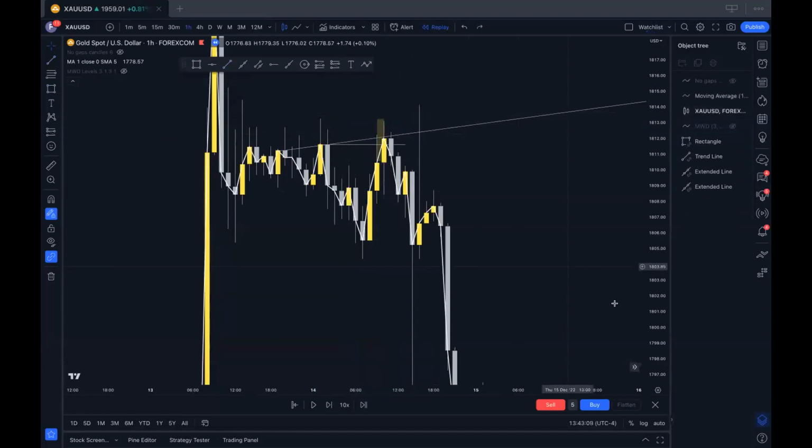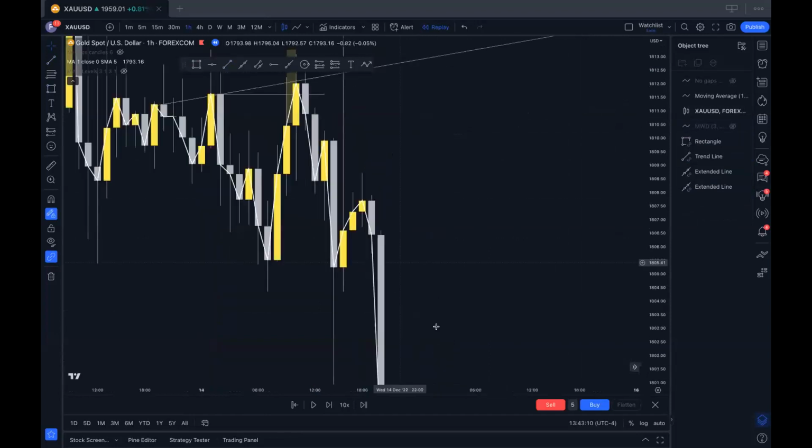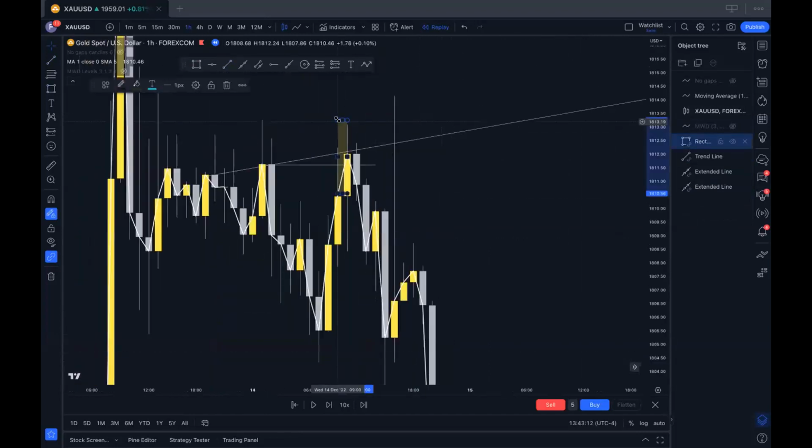Or what I see is sometimes I'm not too confident about the quick entry. What I'll see is, all right, the reaction is coming, rejection is there. And sometimes you'll see that my entry is coming a little bit below, which is fine, because I don't use M5, M1 confirmations.